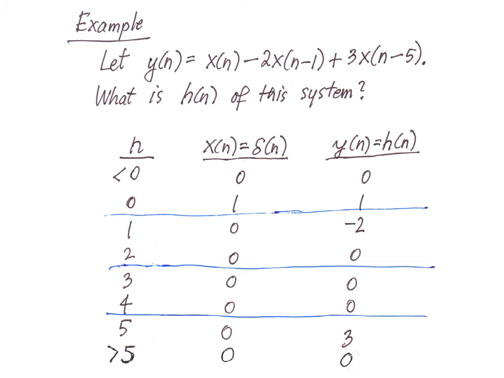Now x of minus 1 and x of minus 5 are equal to 0, so they can be ignored. y of 0 is equal to x of 0, so y of 0 here is shown also to be 1. And then if you plug in n equal to 1, n equal to 5, you'll also get two non-zero terms where the second and the third term kick in, but all the other output samples are 0.